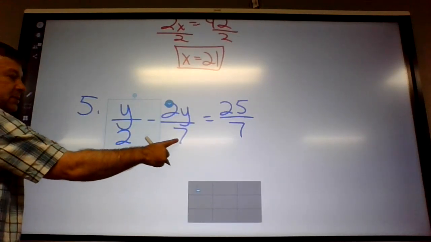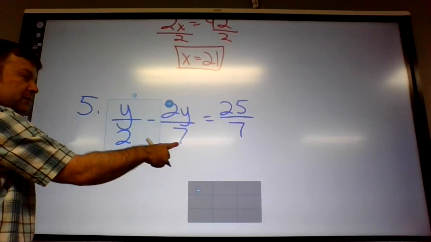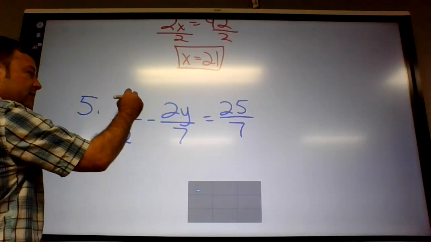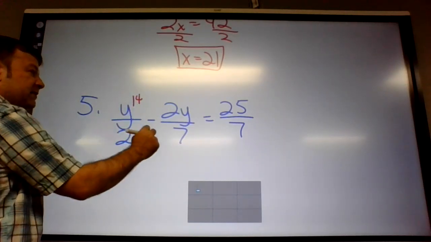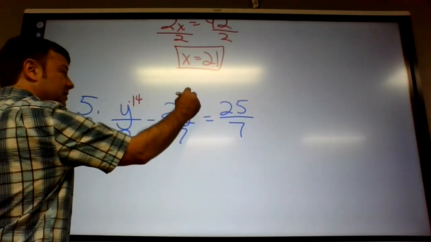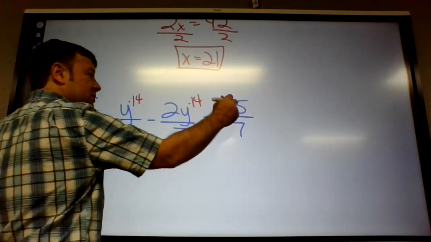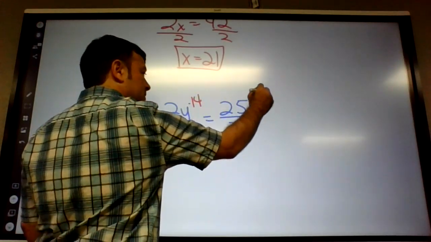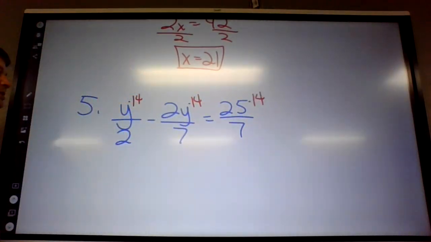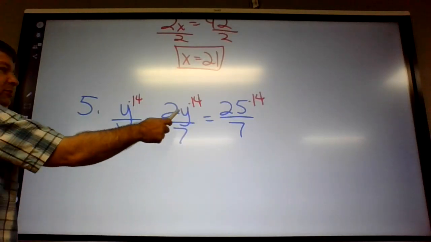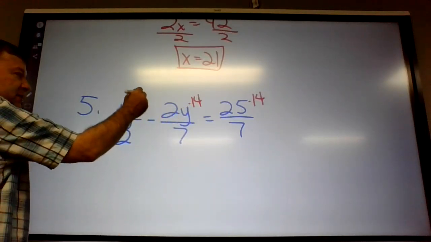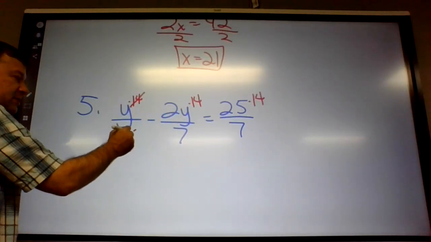Right. 2 and 7 go into 2 times 7, which is 14. 14 is divisible by 2 and divisible by 7. That's kind of the key. So you actually could multiply first and then divide.